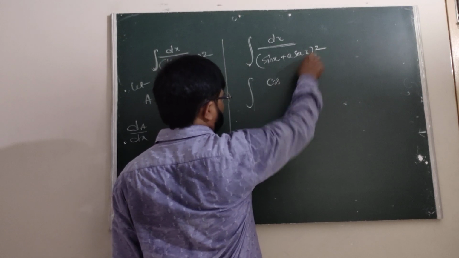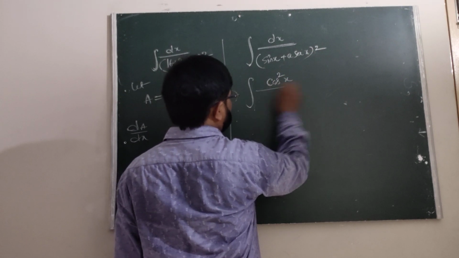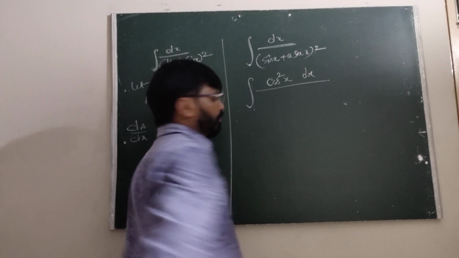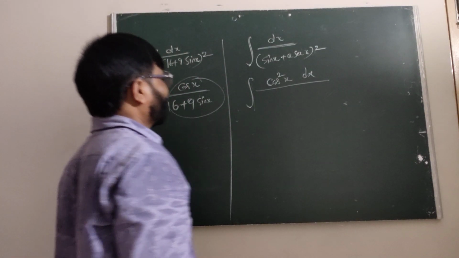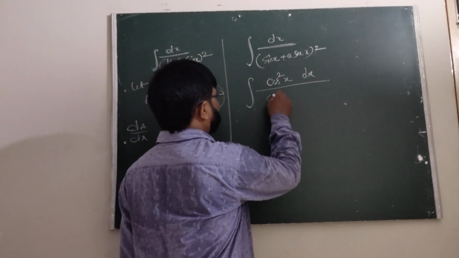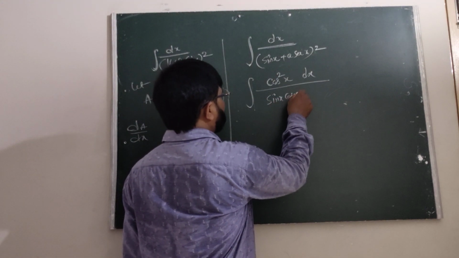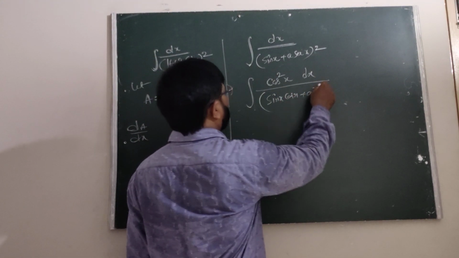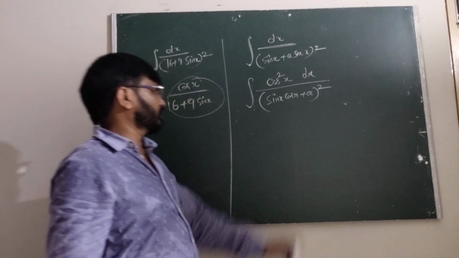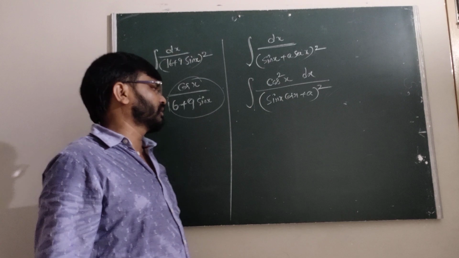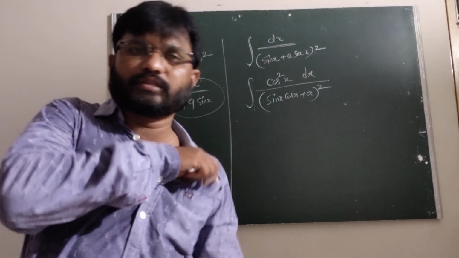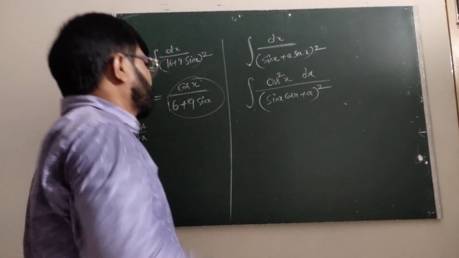Therefore we have cos square x dx upon sin x cos x plus a whole square. First you can write 1 by cos x, the LCM is sin x cos x plus a whole square, and the LCM is sent to the other side as cos square x.